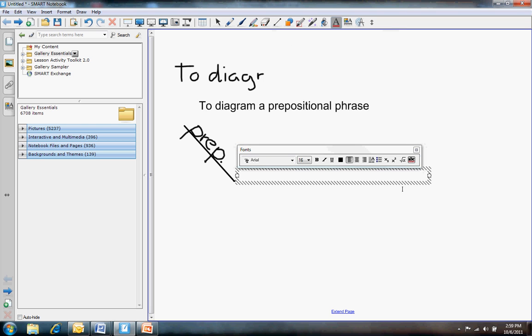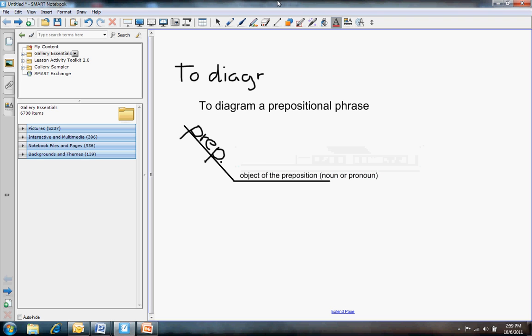On this line, we place the object of the preposition. And it is always, always, always either a noun or a pronoun. It will never be anything else. Always a noun or a pronoun. And because I'm picky, we're going to make sure that that line gets all the way out there.